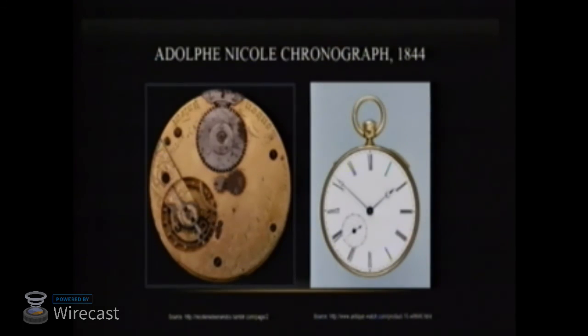So my great-great-great-great-grandfather, going 6 generations back from me, was first cousins with this person here, Adolphe Nicole, who in the early 1840s invented one of the first chronographs. So that's something a little bit unusual about me. And unfortunately, I've inherited none of the aptitude for science and technology.